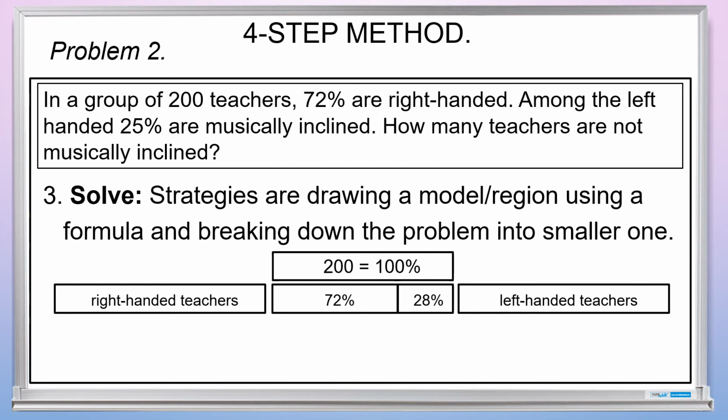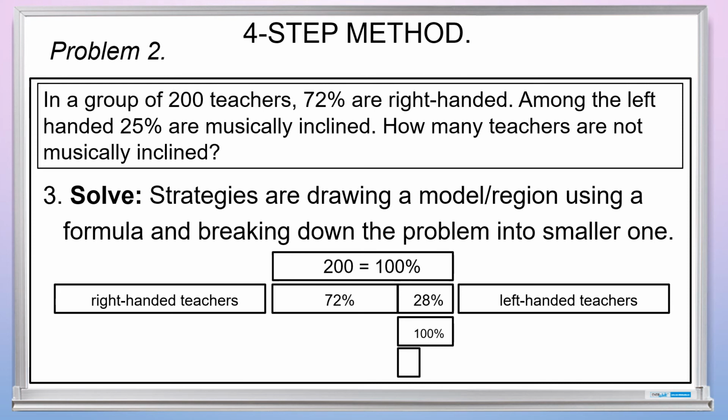From this rate, I am going to get the rate of teachers not musically inclined. I will reconsider 28% as 100% and redraw it as the region of 100%. Again, subtract the given rate of teachers that are musically inclined, which is 25%, from 100%.